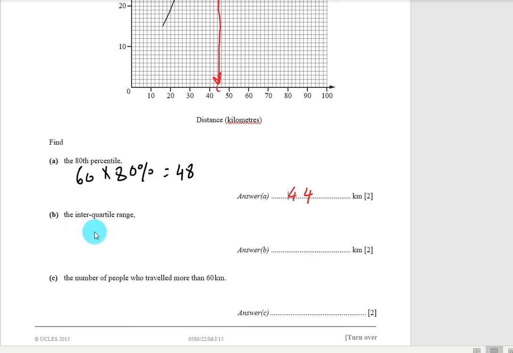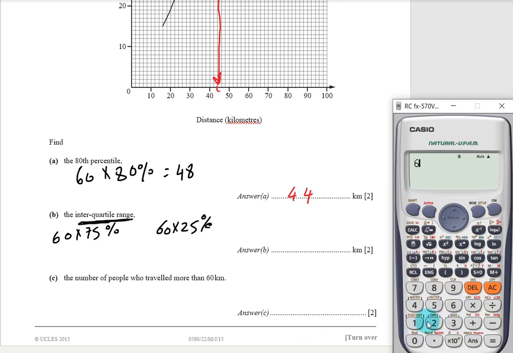Now the interquartile range, so 60 multiplied by 75%, and here 60 multiplied by 25%.